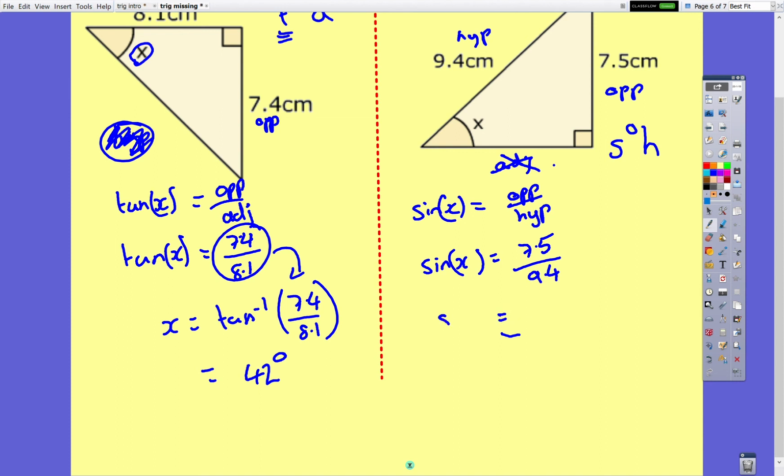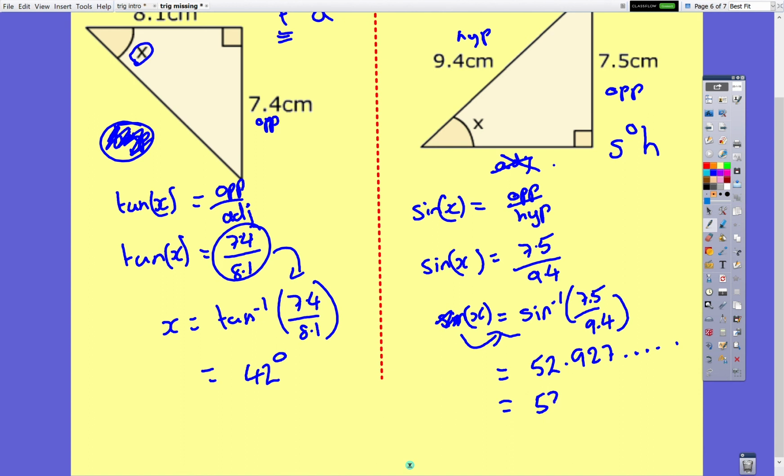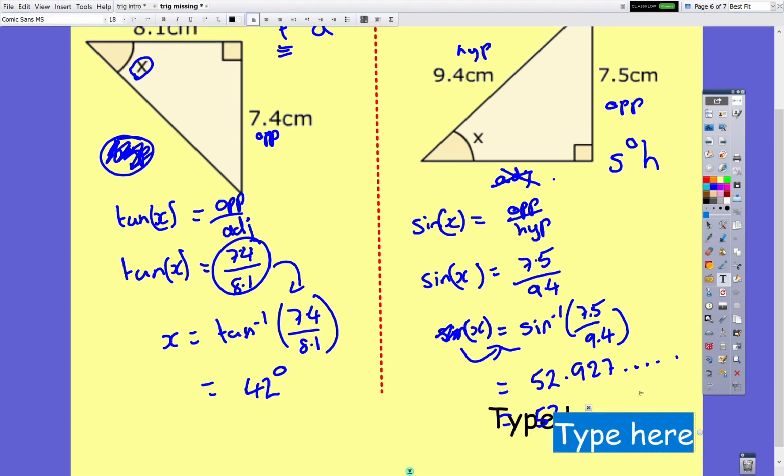Now we've got sin x equals that, but I don't want sin, so we chuck it onto the other side by shifting it, and we've got sin minus 1 of 7.5 over 9.4. That is, I think, 52.927 something, so here it's 53 degrees to the nearest degree.